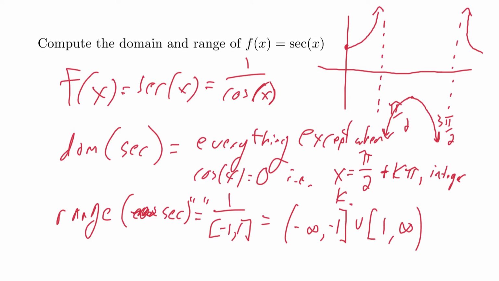Notice that it never gets any smaller, never gets closer to 0 than 1 and minus 1. It also has these sort of strange behaviors around pi over 2 and 3 pi over 2. These are called asymptotes. We'll discuss them in module 4 in more detail, but they are useful for plotting.